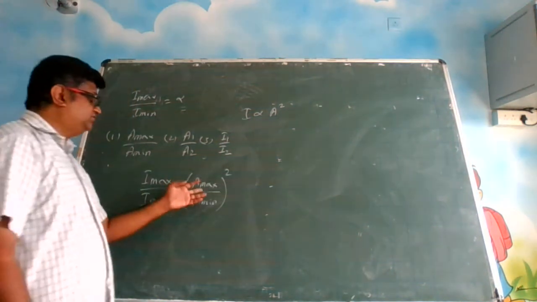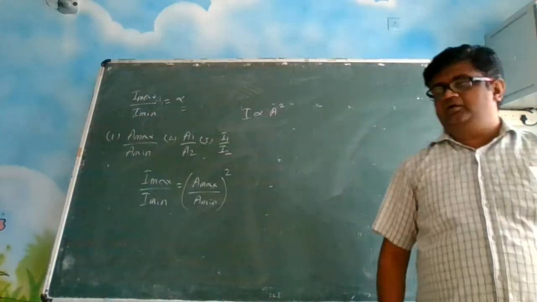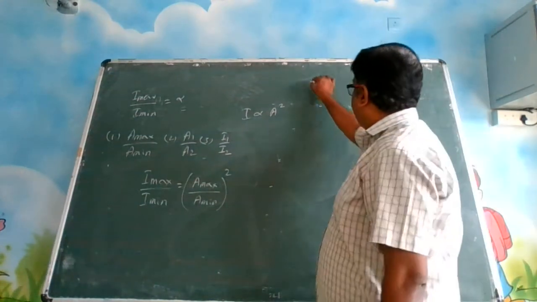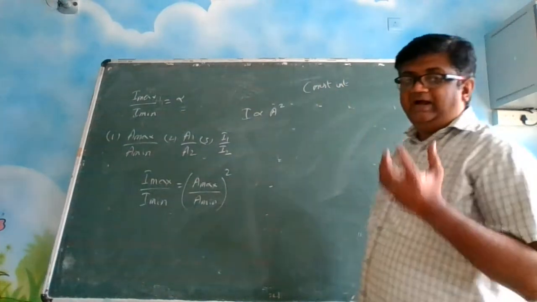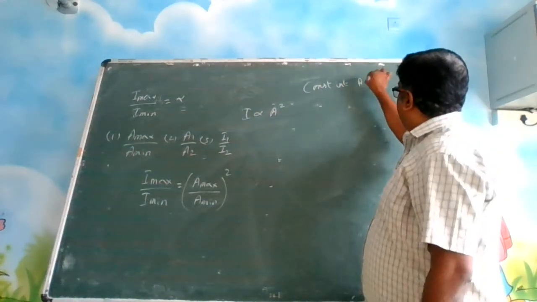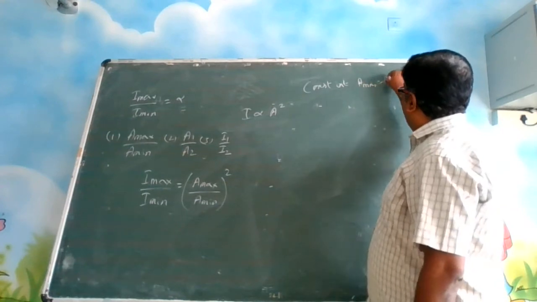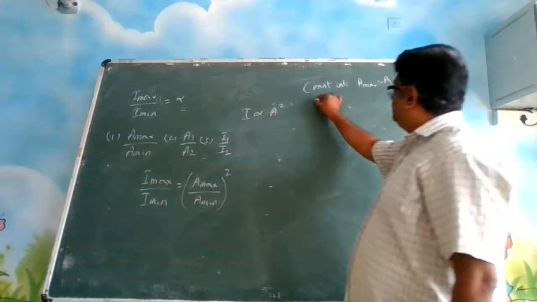Now what is A max? When there are two waves, and when there is a constructive interference, I told you that you need to add the amplitudes. A max will be added up, I told you. Remember?